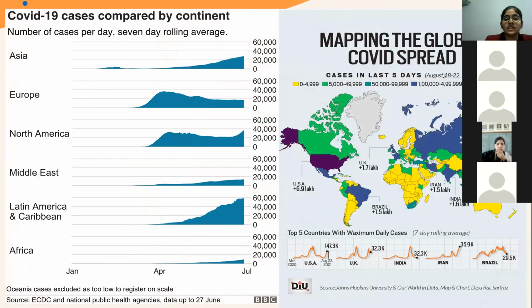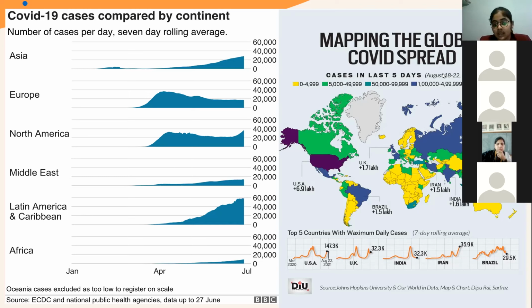Let's move further. You can see two graphs visible on the screen. The first graph shows the number of cases in different continents of the world with varying months. You can see the maximum number of cases are in Europe, North America, and Latin America and Caribbean. In the month of July, the cases are generally higher in several continents, whereas in January, the cases are generally low.